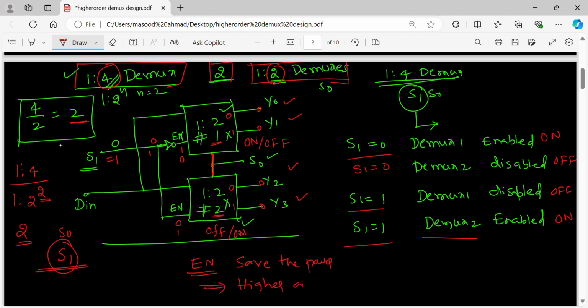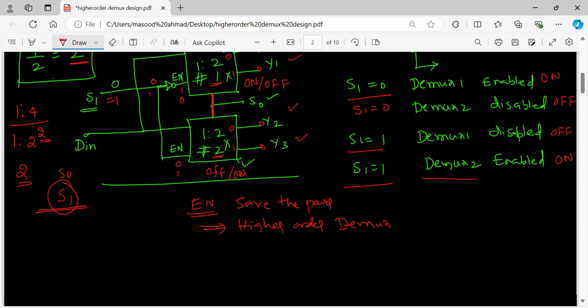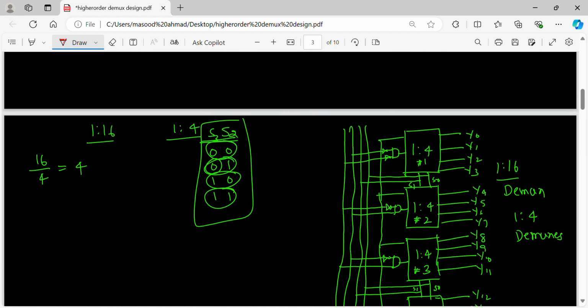We are going to use these enables appropriately with extra selection lines, such that you can get the higher order demultiplexer.